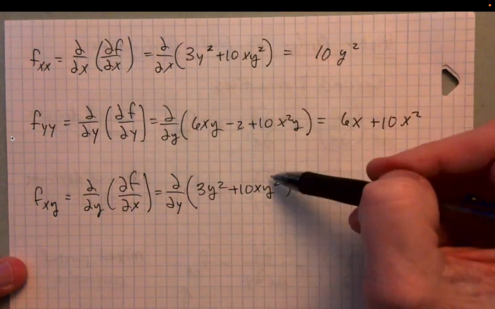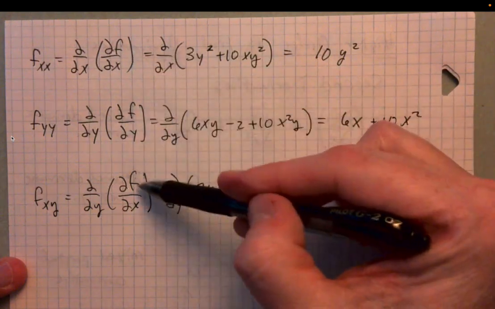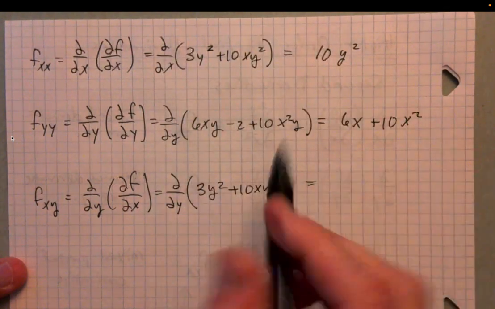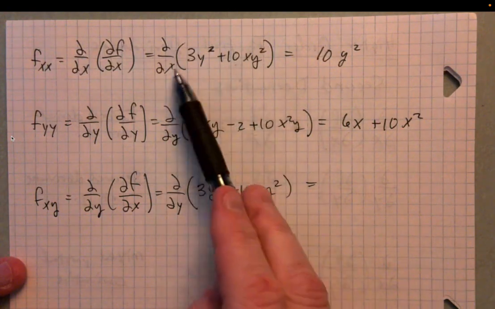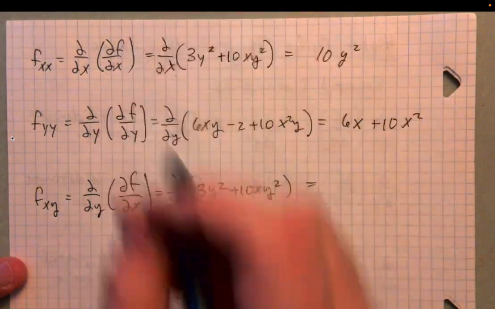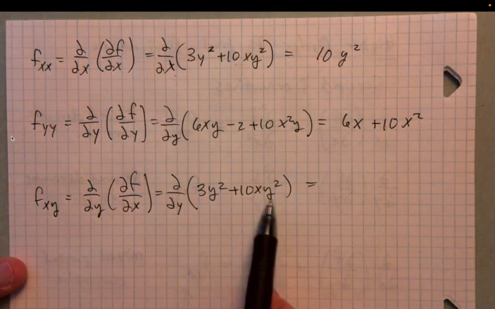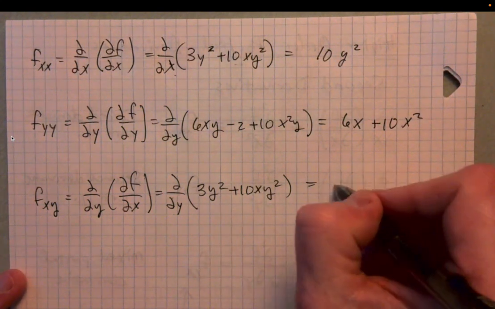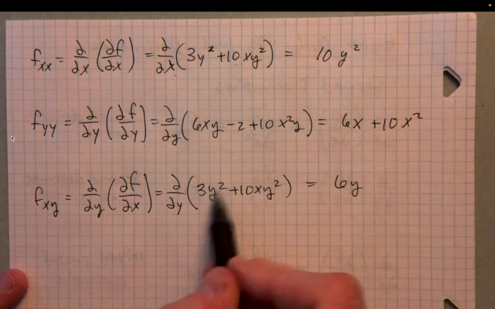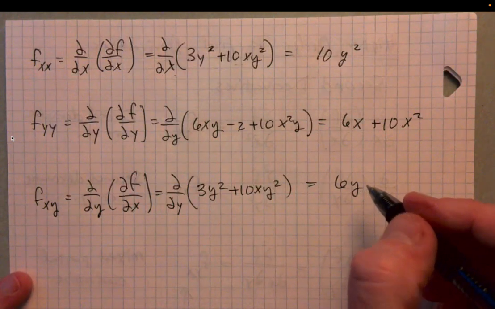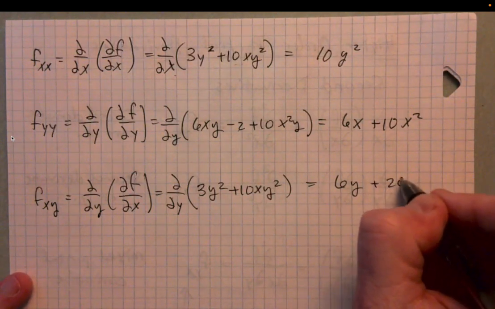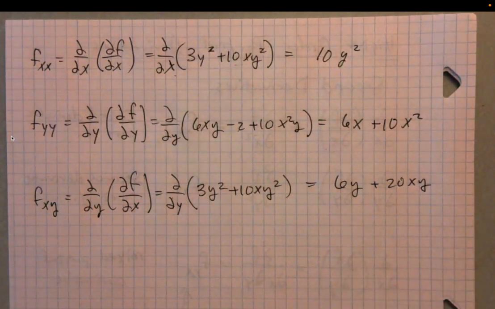Same function, del f del x. Now we're going to do something different than what we did up here. Here we differentiated with respect to x, and here we're differentiating with respect to y. When we do that, we get 6y for this piece, and then 20xy. So that's the mixed derivative xy.